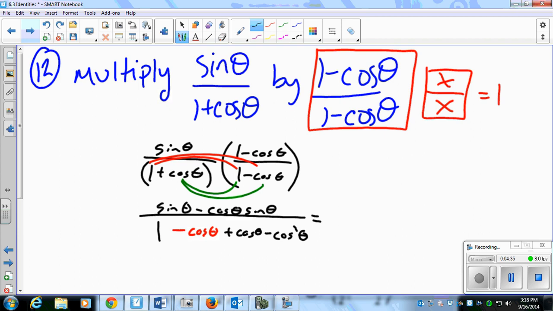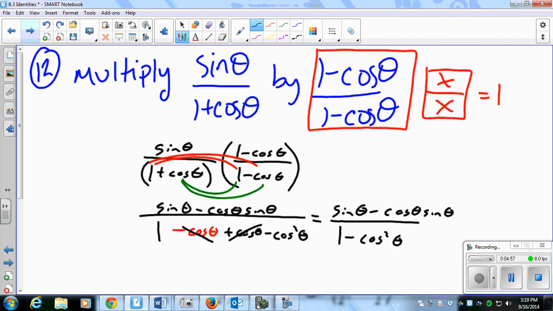So this will simplify: the middle terms in the denominator cancel out, and I get 1 minus cosine squared theta all over sine of theta minus cosine theta sine of theta.